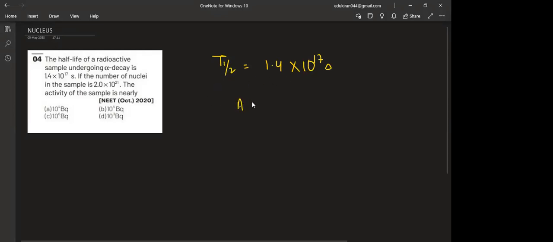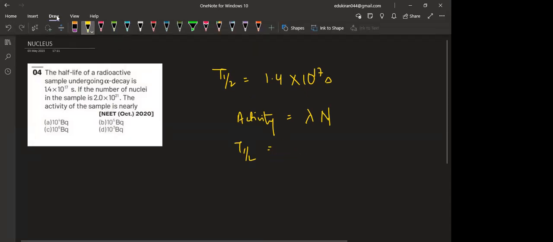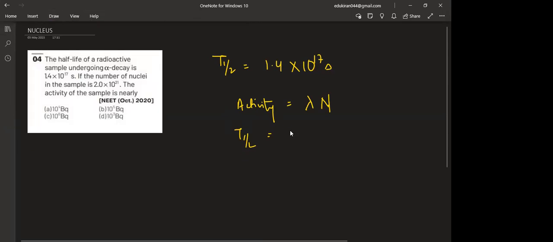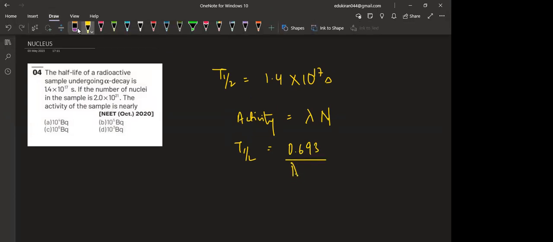Now, the activity of this is lambda N, the disintegration constant times the number of nuclei present. T half is equal to 0.693 by lambda.